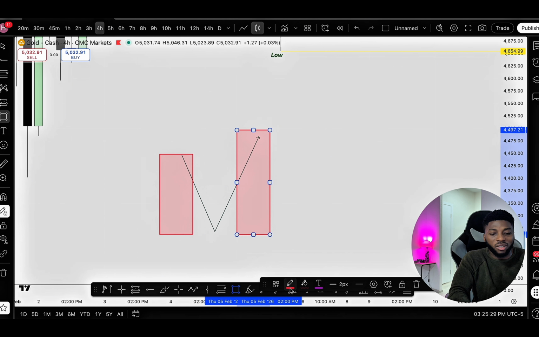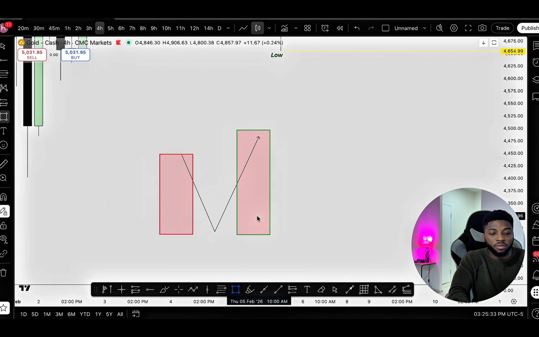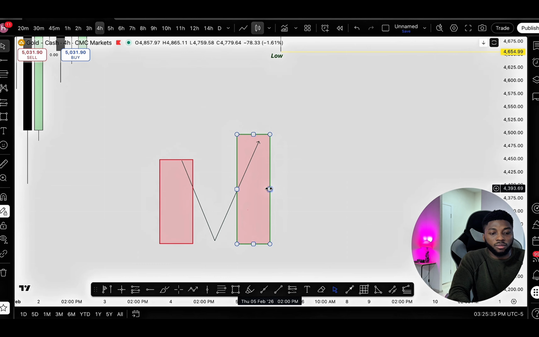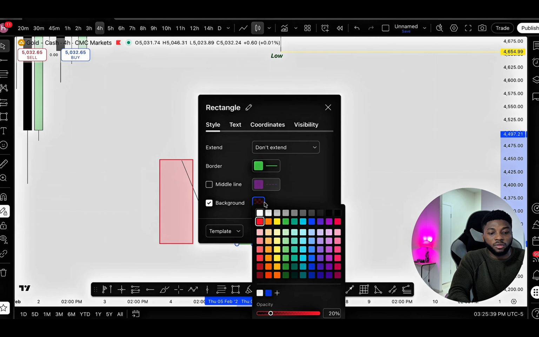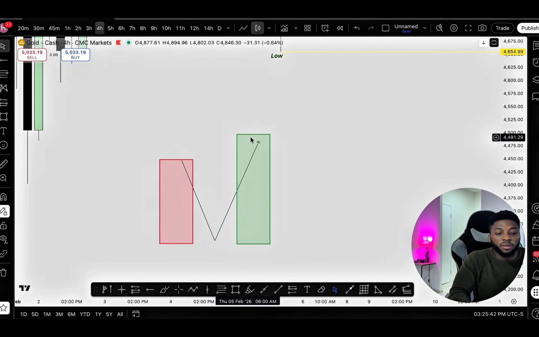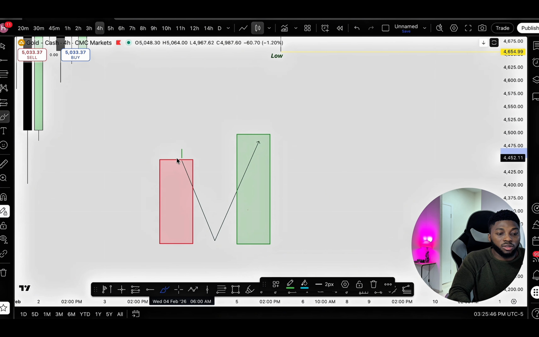Do I need to change the color again, guys? I guess I should. Green. So this represents our green. Do I still need to mark the wick? I guess I should then. I don't want to change that color, guys. We leave it. It's the same thing.